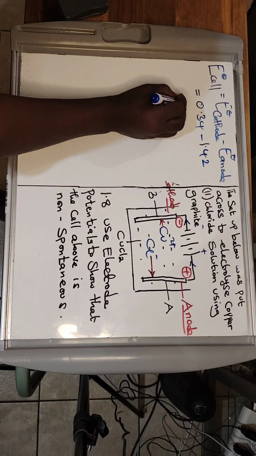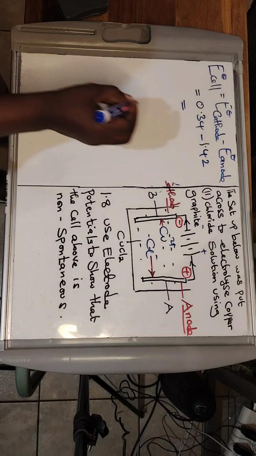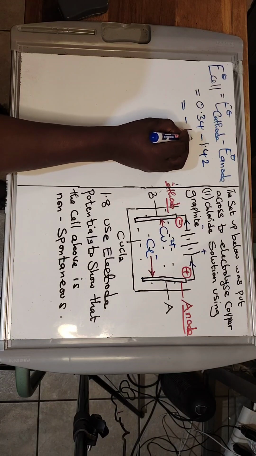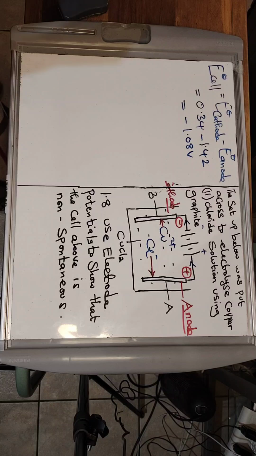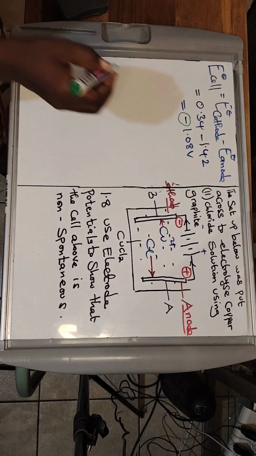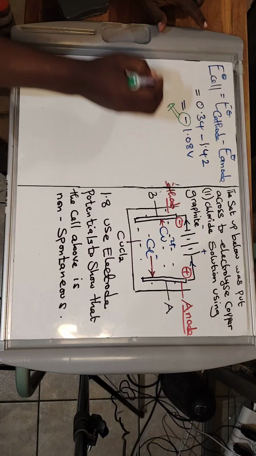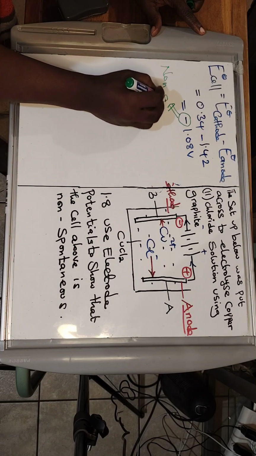So what do we get out of here? When you subtract, you get negative 1.08 volts. Now I want you to take note of this negative. It is this negative which indicates that the cell we are dealing with is non-spontaneous.